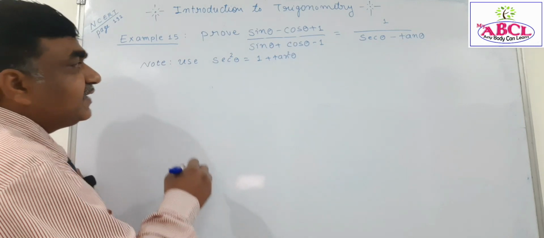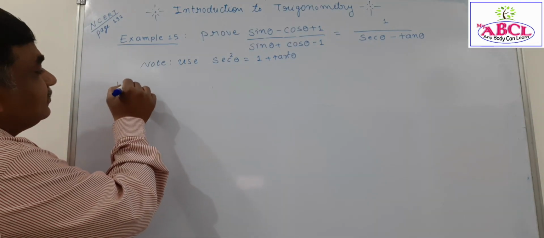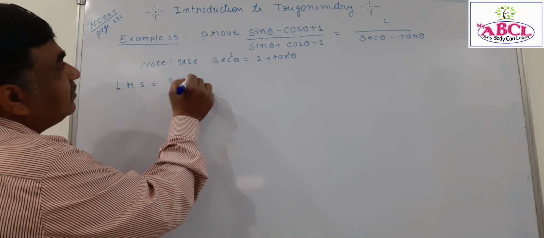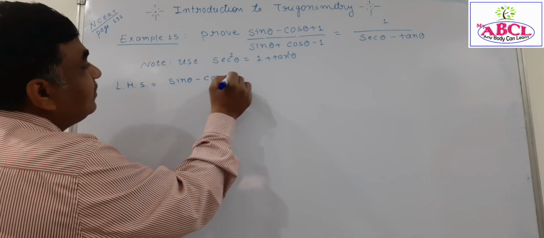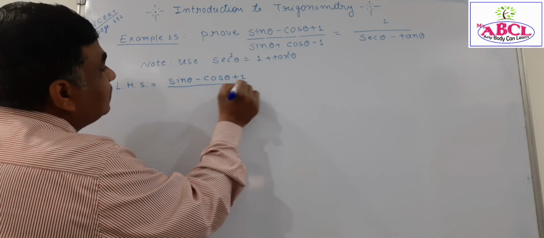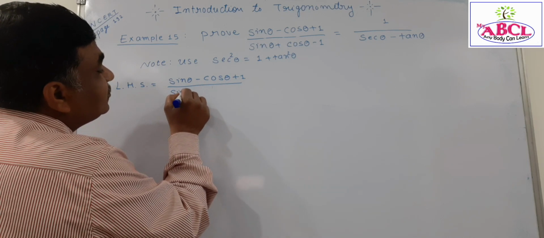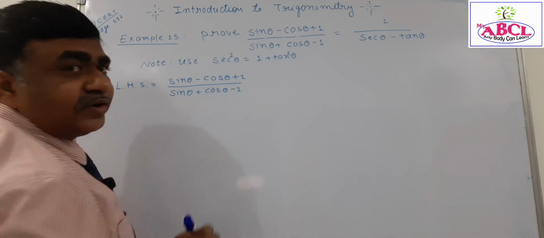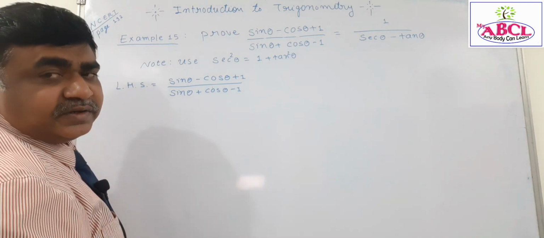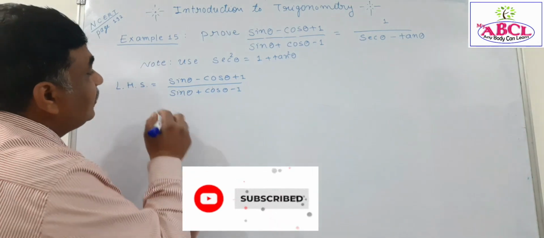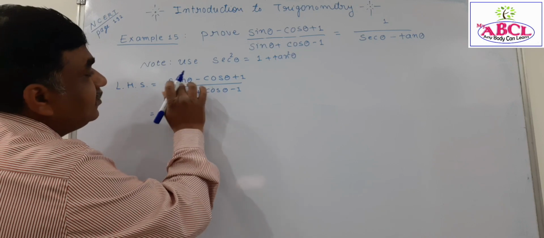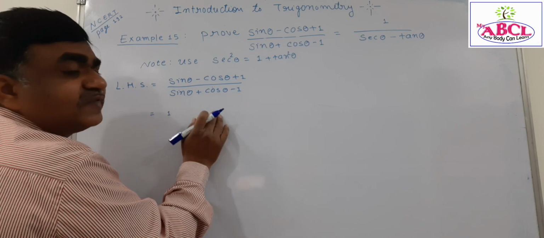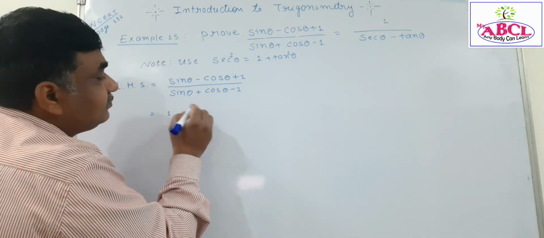Let's take the left hand side: sin theta minus cos theta plus 1 in the denominator sin theta plus cos theta minus 1. Now I am going to divide numerator and denominator with sin theta. So sin upon sin would be 1, cos upon sin, cot.